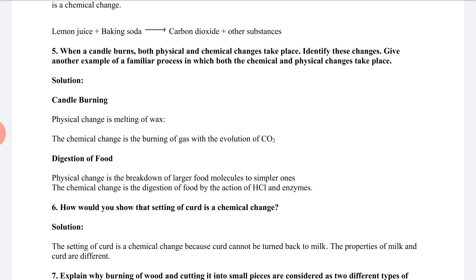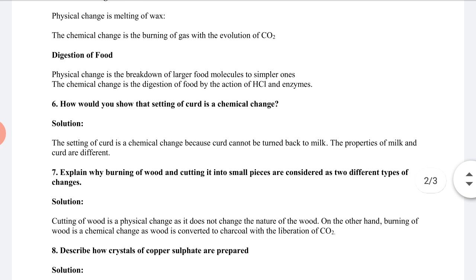HCl is present in our stomach, and HCl and enzymes help to digest the food when it enters our stomach. So digestion of food is another example in which both changes take place, and candle burning is also an example in which both changes take place.